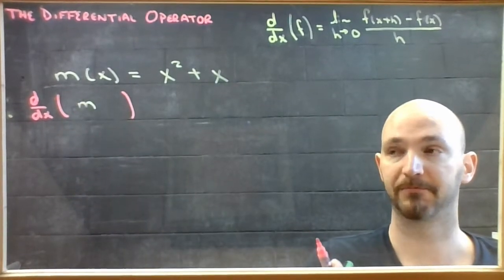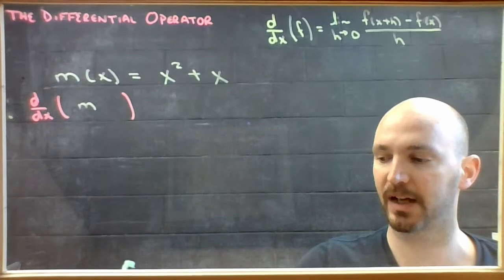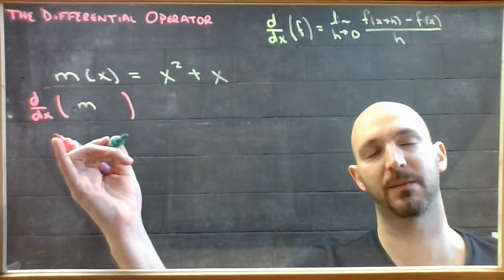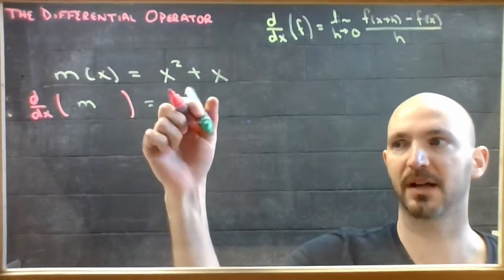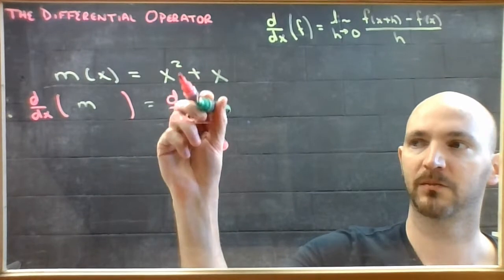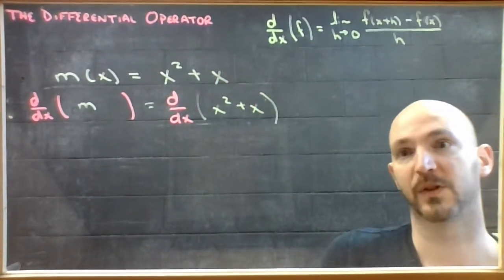So I did. Now, one of the foundational ideas that you should have picked up from algebra is that if you do something on the left side, you must do it on the right side as well. So there you go.